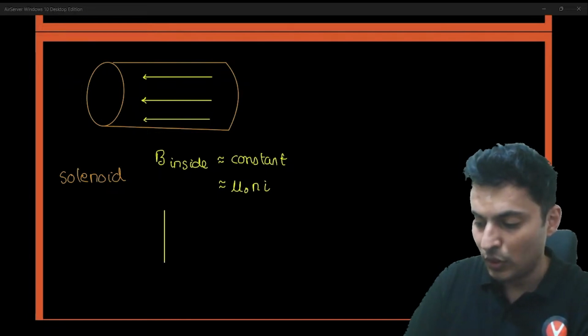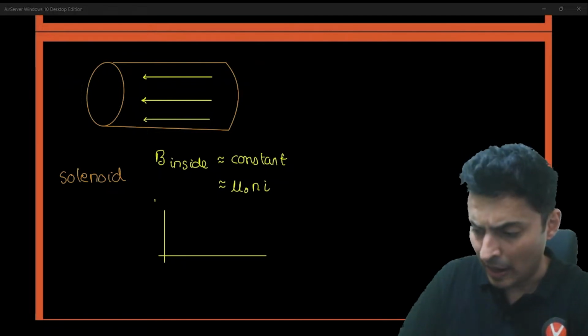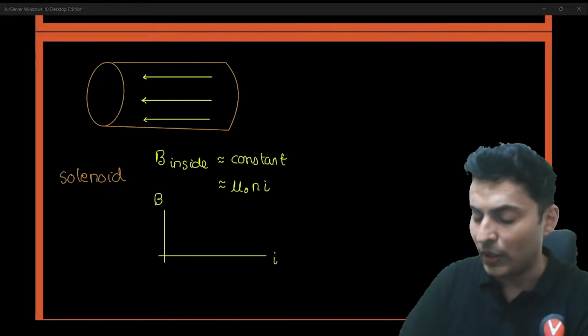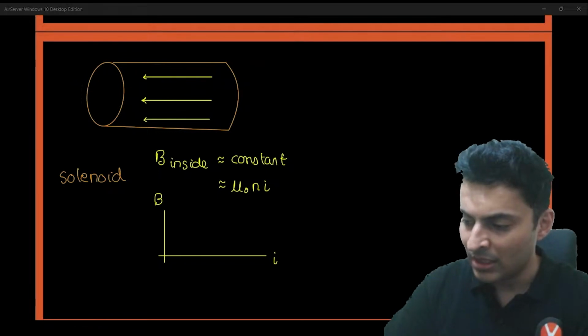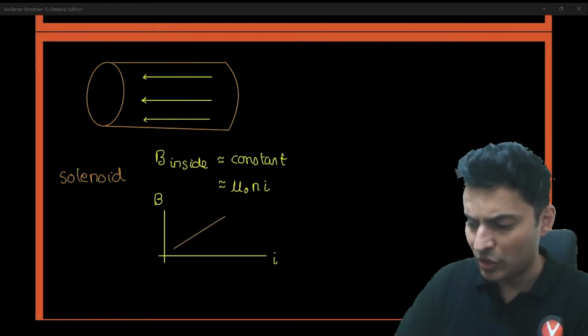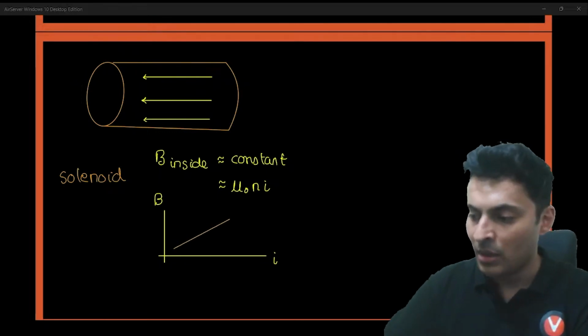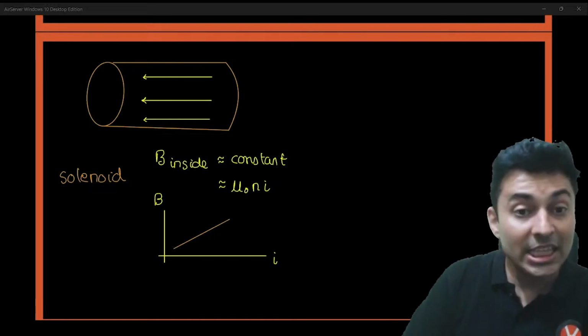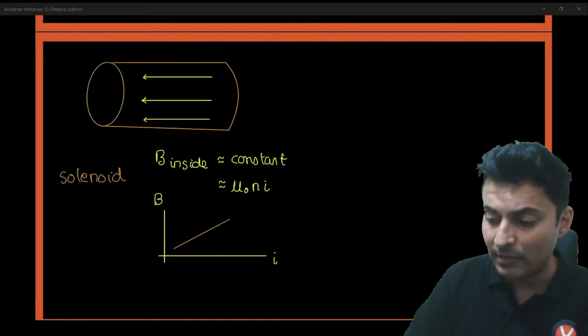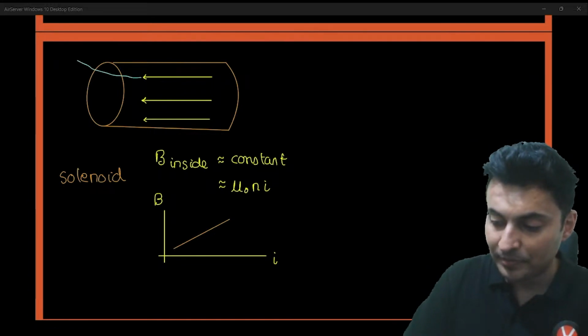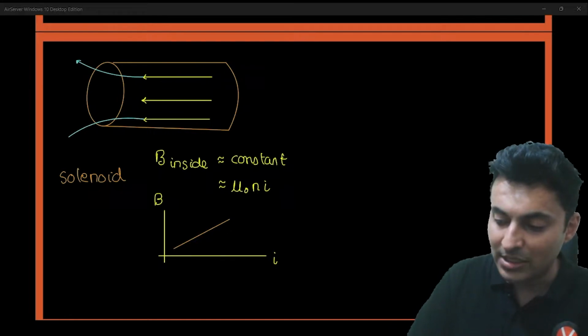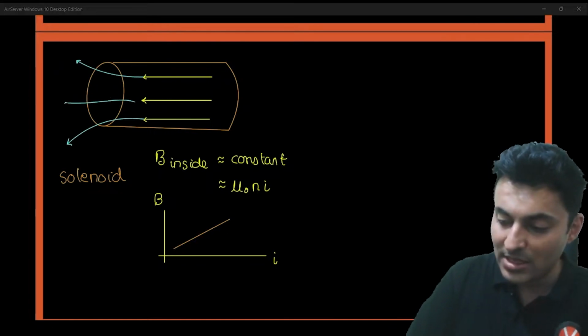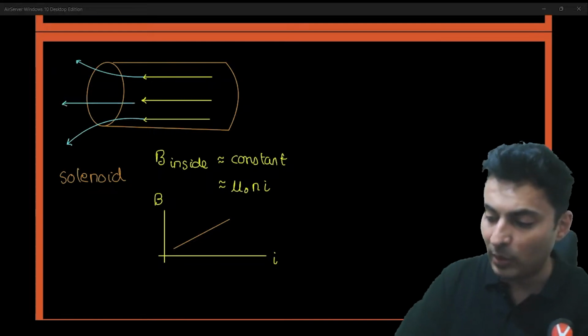So if you again draw a graph of magnetic field versus current or number of turns per unit length, this particular graph is just going to be a straight line graph. But remember one thing, these same magnetic field lines, by the time they come towards the end, start spreading away from each other.